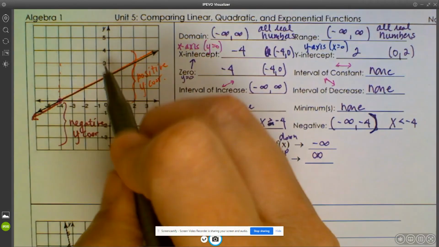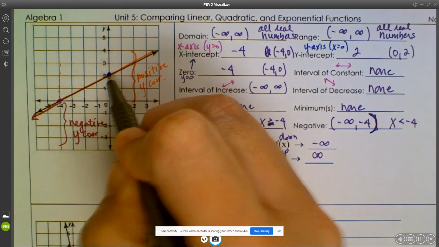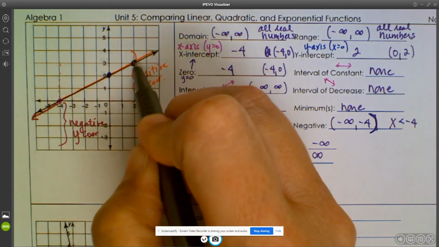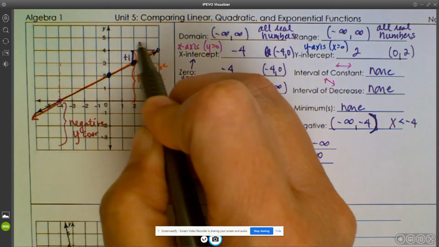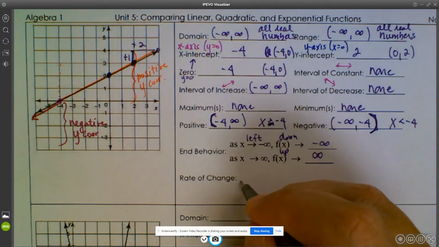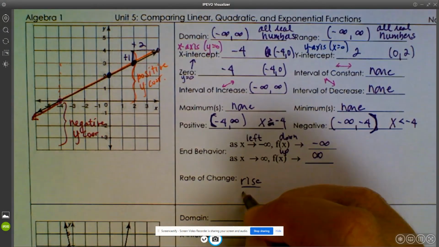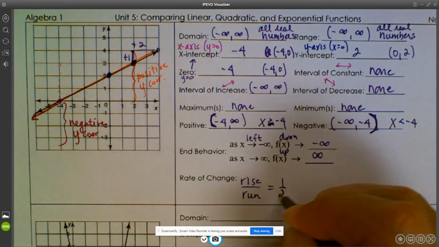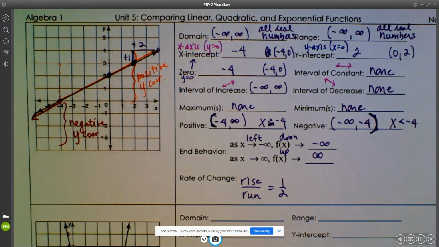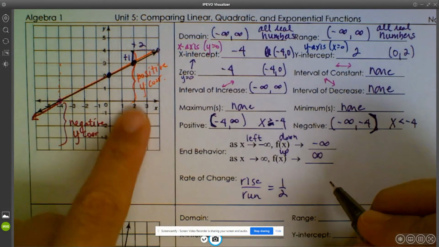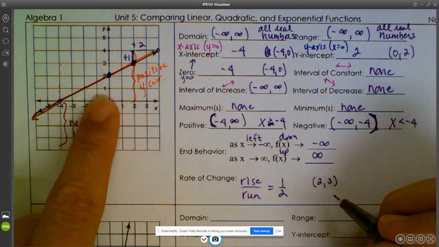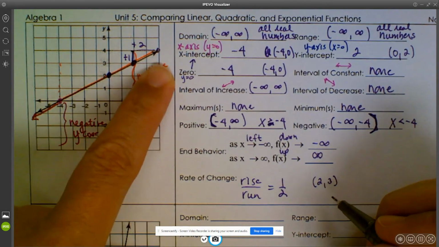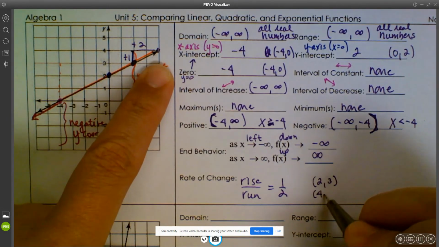Okay, so I'm going to go from this point on the graph to this point. So we go up 1, and to the right 2. So my rise over my run is 1/2. And if you need to see that as order pairs, well, I chose the order pair (2, 3) and the order pair (4, 4).